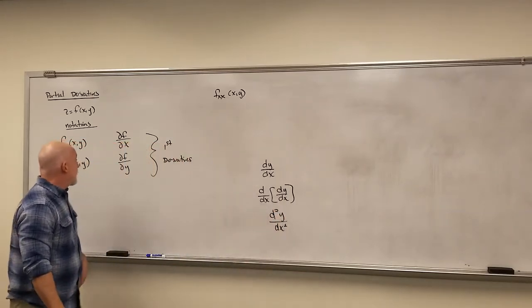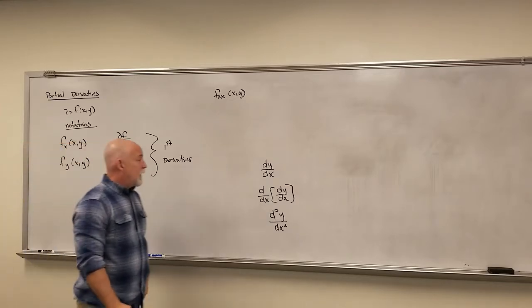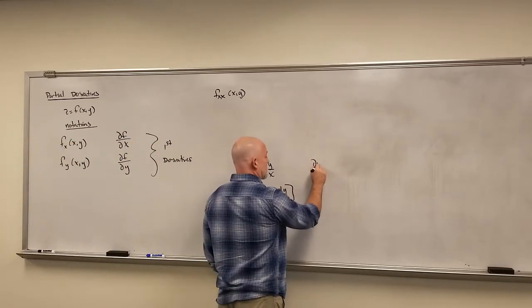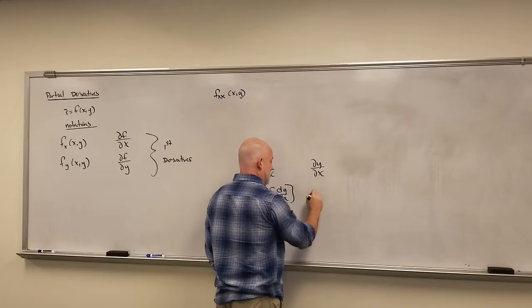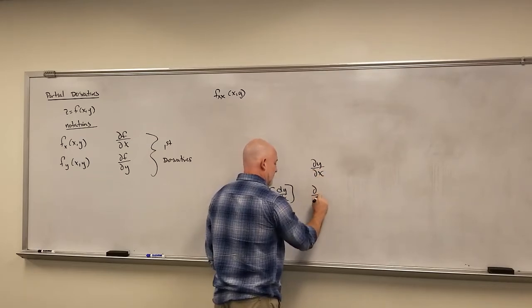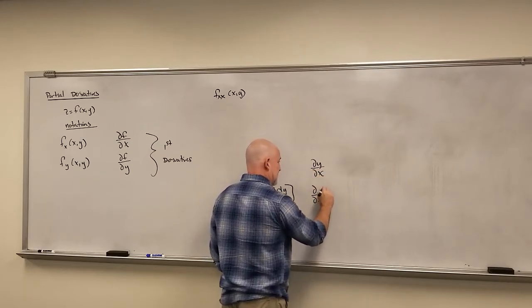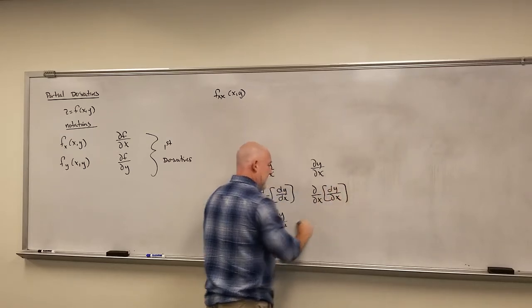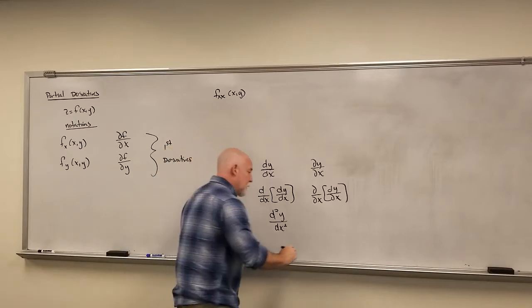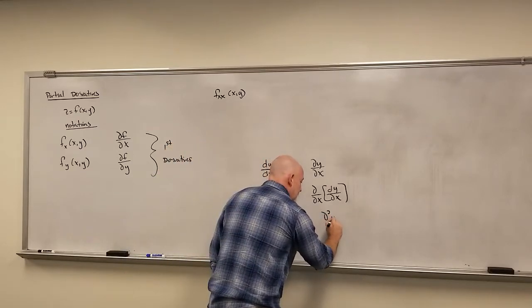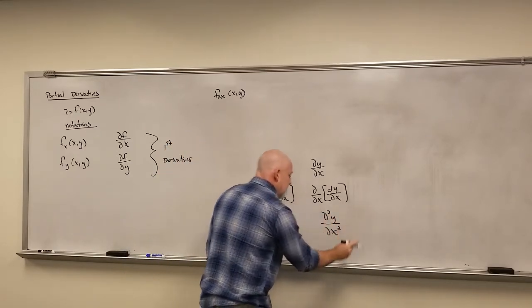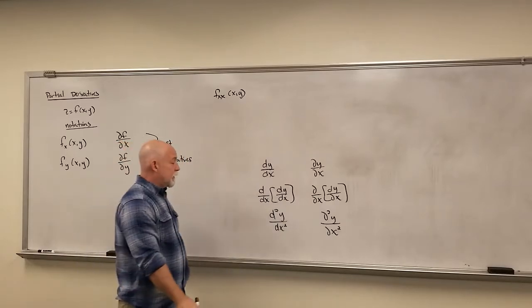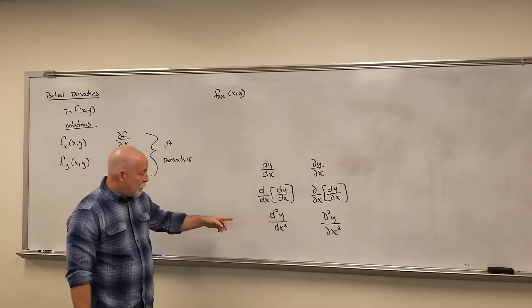Well, the same thing's going to happen with this one. So if I have the partial of y with respect to x, and I do the partial with respect to x of the partial of y with respect to x, it's going to look exactly the same. So we get the partial squared y over partial x squared. So the notation just goes along the same way that it did before.